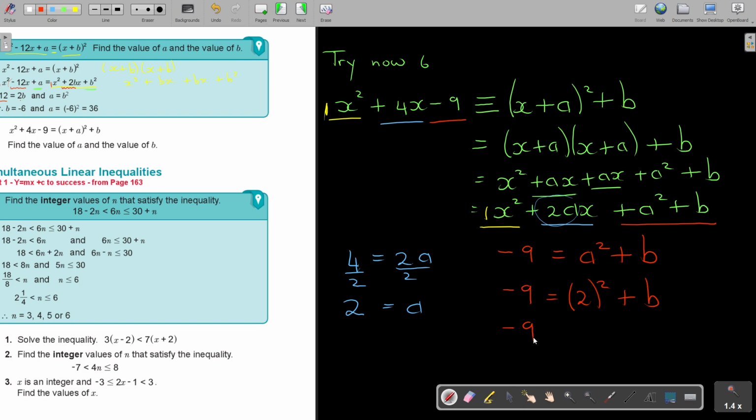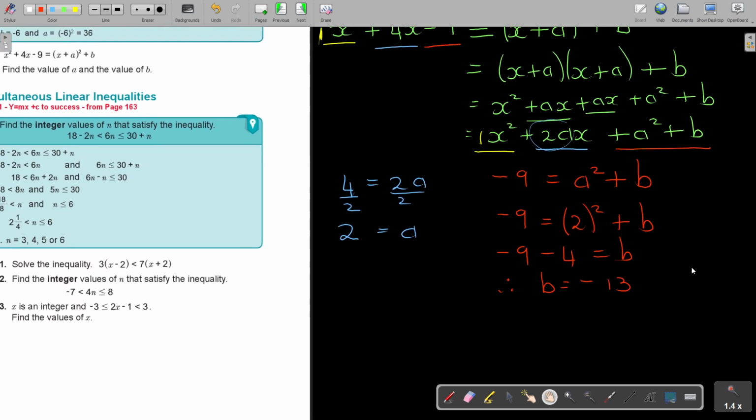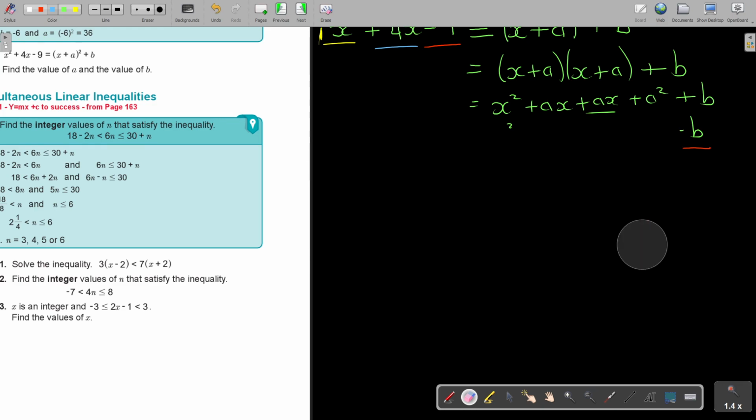If I take this one over, it's going to be negative 4, and that's b. So I get that the value of b is going to be negative 13. So the value of a is 2, and the value of b is negative 13. Very, very nice, and really score marks if you get that in an examination.